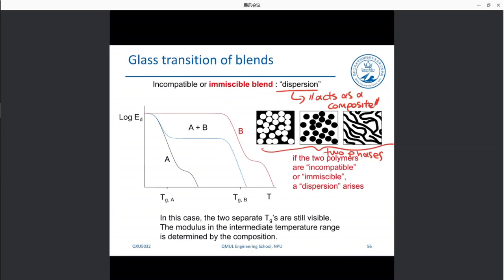Okay, there is the phase from the alpha polymer and the phase of the beta polymer. So when we have an immiscible blend, in this case we have two glass transitions in the blended material. So we will have the glass transition of alpha and the glass transition of beta.